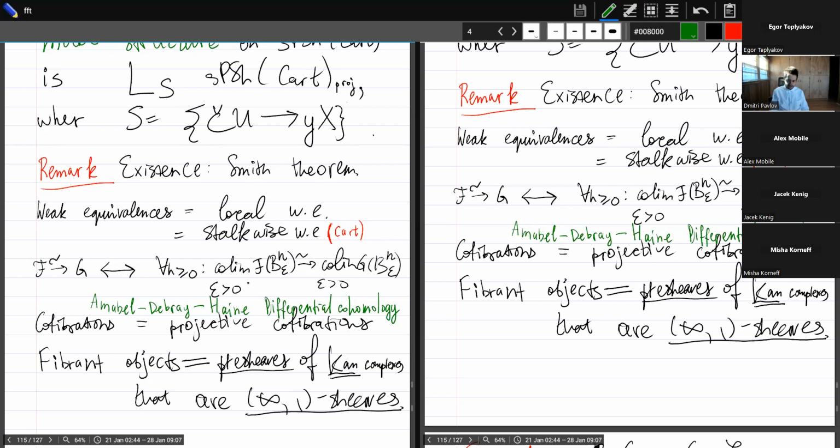And of course, in this case, you will not be able to describe the local weak equivalences as stalkwise weak equivalences. Instead, you would have to use more sophisticated descriptions. For example, you could also describe local weak equivalences using the local Whitehead theorem if the topos is what is called a hypercomplete topos, which many toposes are.